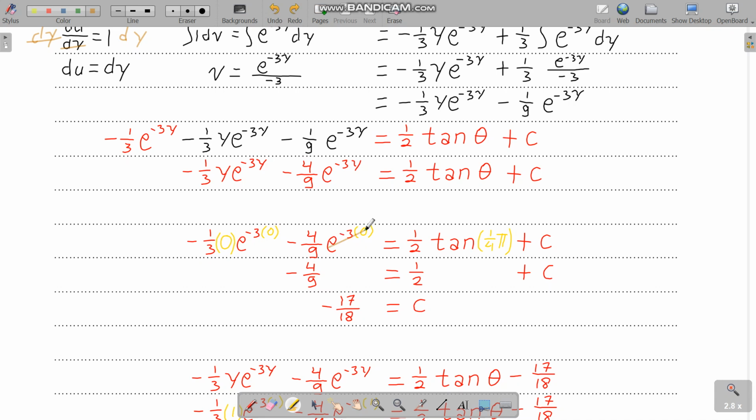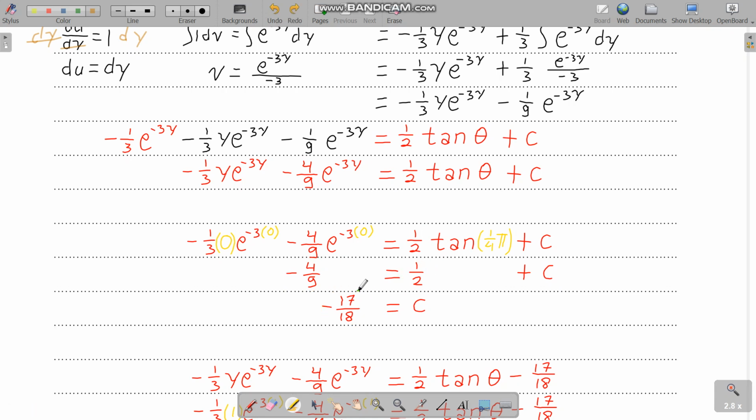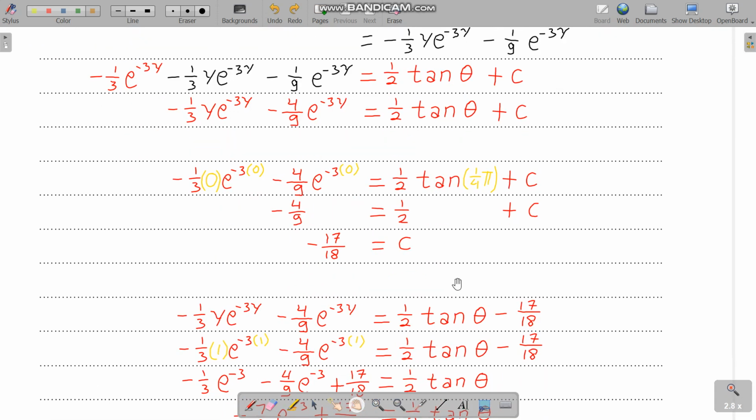E to the power of 0 is 1, so we have only minus 4/9, and tangent 1/4 pi is 1, so C is minus 4/9 minus 1/2, which is minus 17/18. Since we have the C, now we have the particular solution, so just rewrite this part, but the C is minus 17/18.